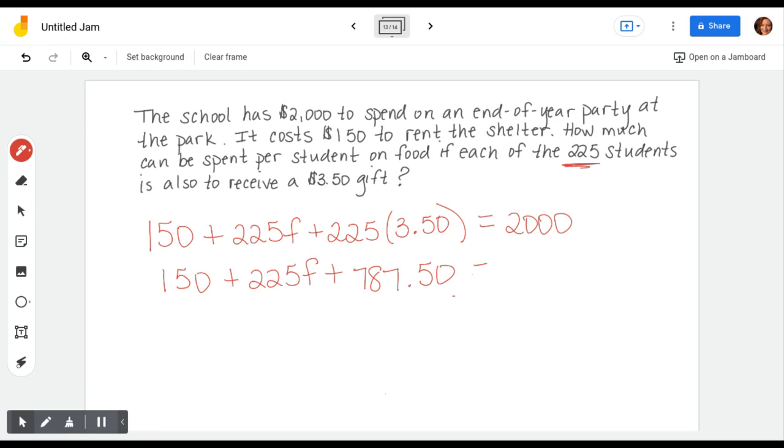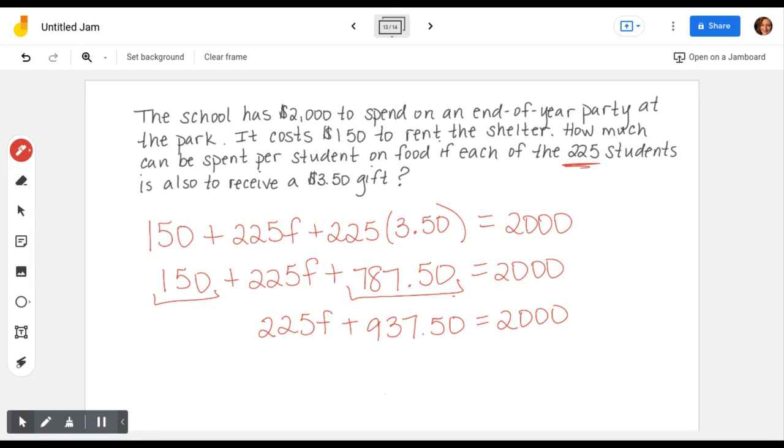And then my total to work with is $2,000. I see more than two terms on the left, so I know I've got stuff I can put together. This 150 can go with the 787.50. So that 225F is going to hang out for a minute. Put those constants together. That is $937.50. And again, I'm working with 2,000.